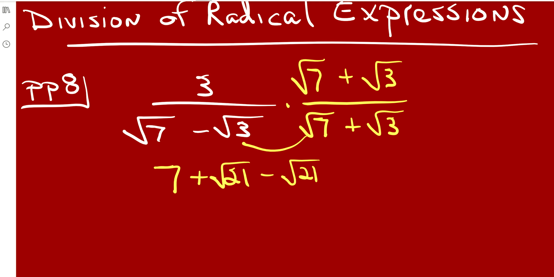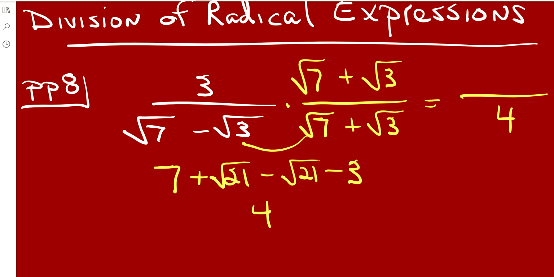And then what is last going to be? It's going to be minus 3. So what I end up with in my denominator now is 4. 7 minus 3 is 4.